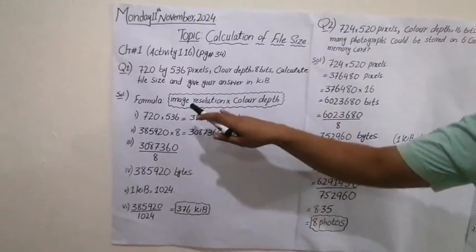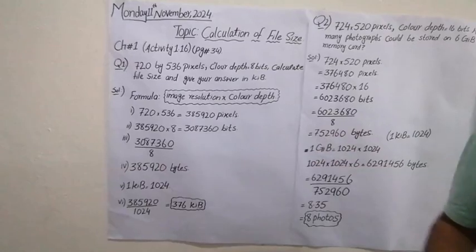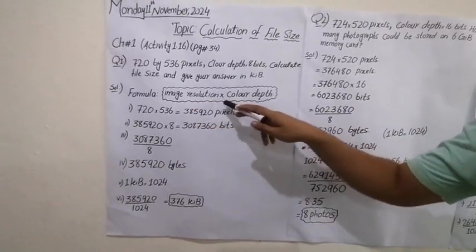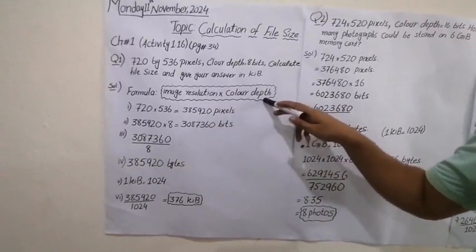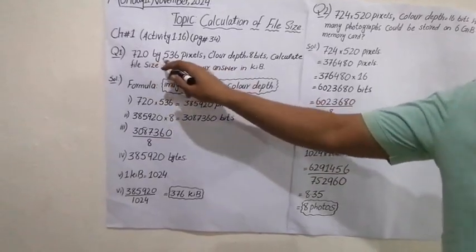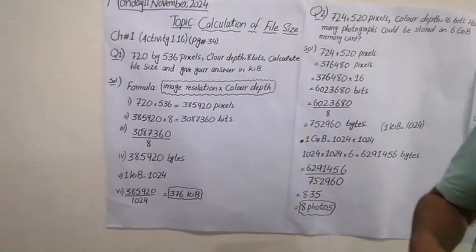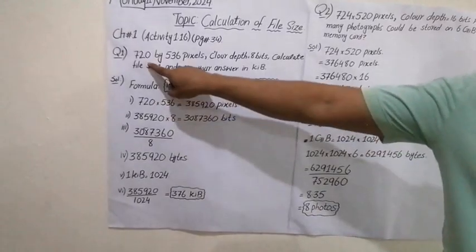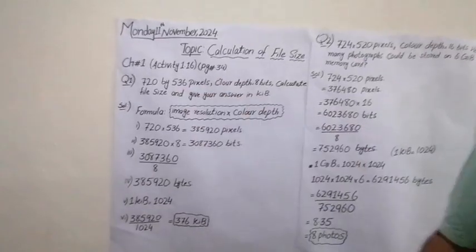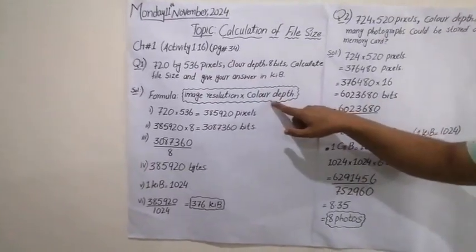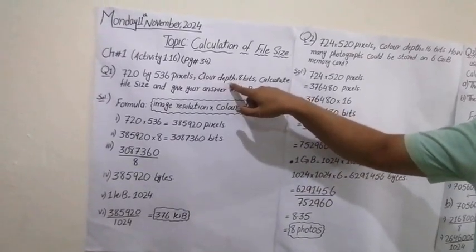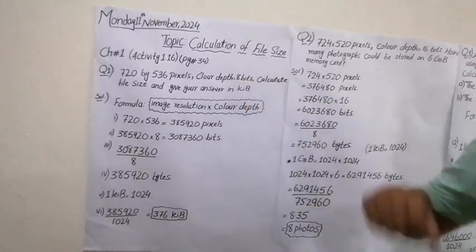So let's talk about the formula first. The formula is image resolution multiplied by color depth. So first we have to take the values of image resolution, and those two values are 720 by 536 pixels. Next thing in the formula is color depth. The color depth given in the question is 8 bits, right?